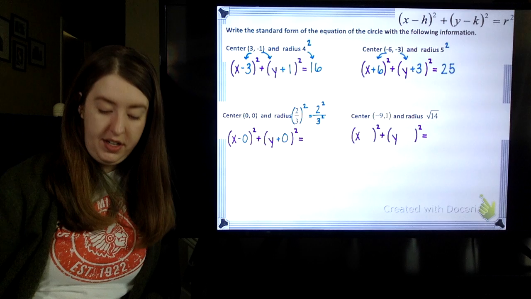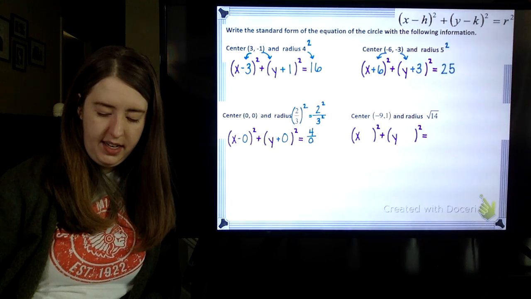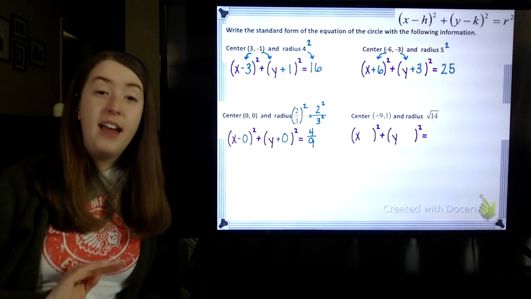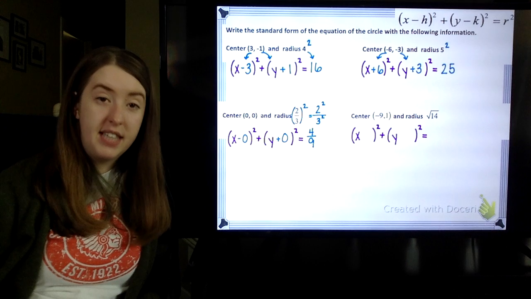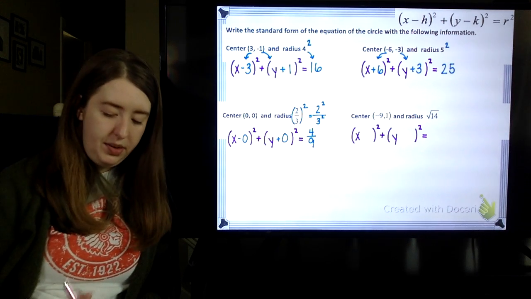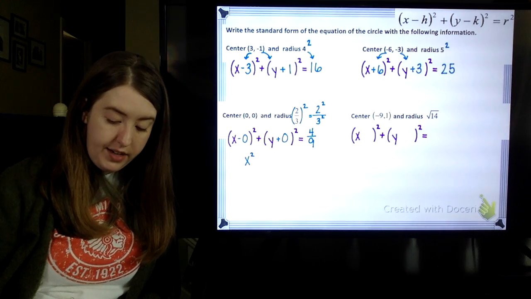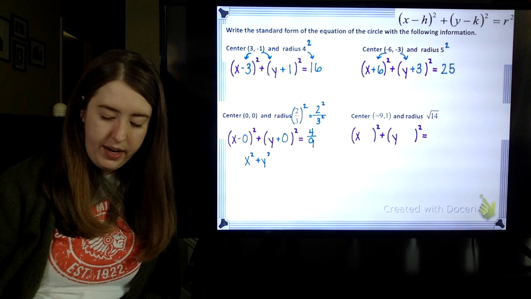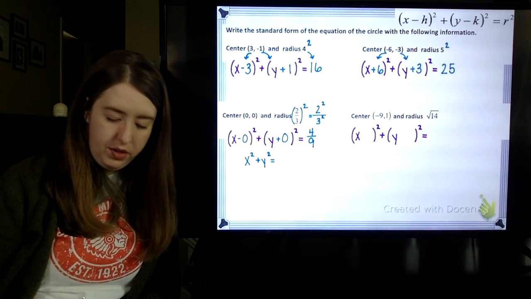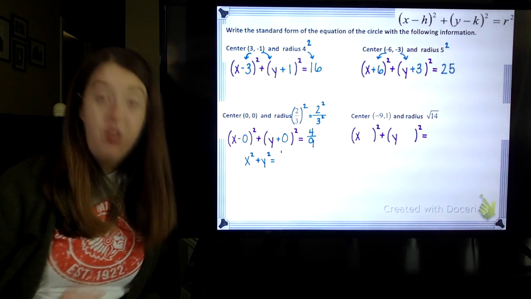So 2 squared is 4, 3 squared is 9. Now you can absolutely leave that equation just like that, but not a lot of people do. I would rewrite it as x squared plus y squared equals 4/9.